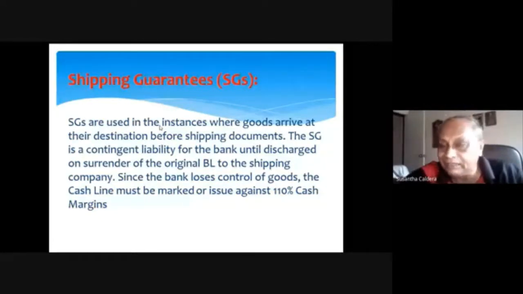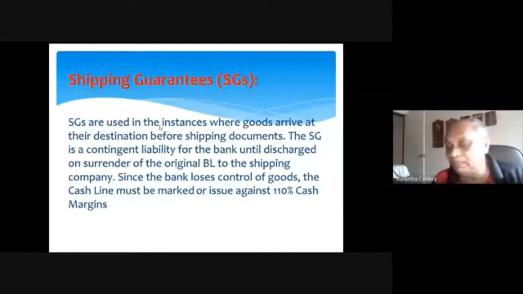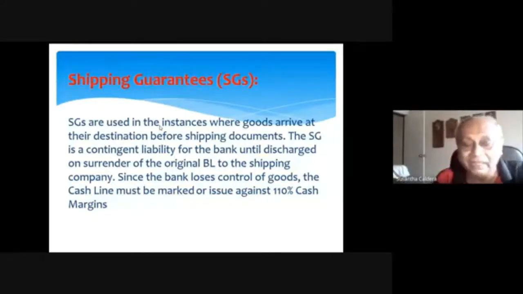If we don't mark 300%, over a period of time we are overutilizing the shipping guarantee lines. If we sold 10,000 worth of goods, marking 30,000 makes the line full. When the line is full, we can ask the customer to settle and cancel the earlier ones first. If they don't cancel them, we cannot give more.